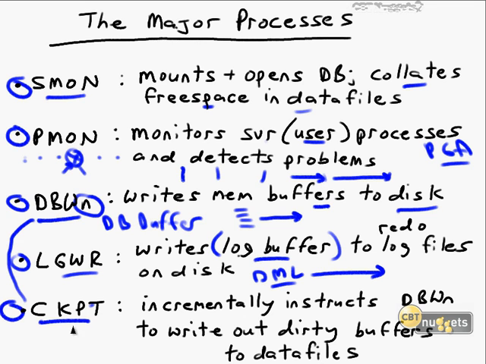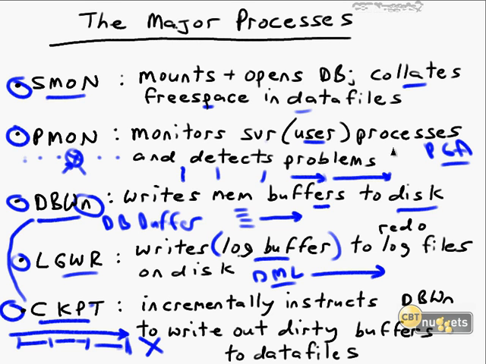So you can think of the checkpoint as kind of a metronome that periodically draws a line in the sand, again, both in the control file as well as in the data file headers, as far as which batches of transactions have been committed and are 100% complete, such that in the event of a failure, we can redo those transactions and again, bring the database up to a consistent state.